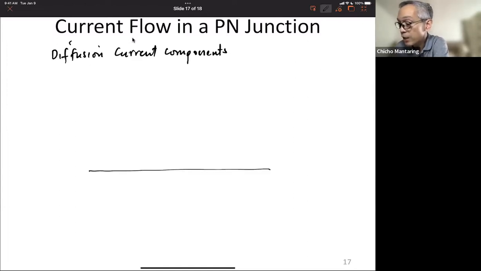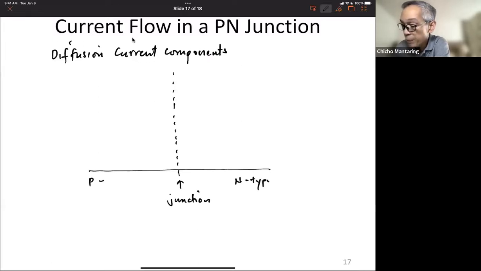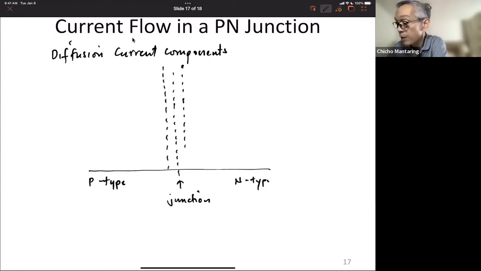So let's say this is our junction. This is the junction. This is your N type. This is your P type. And let's say this is my depletion region.